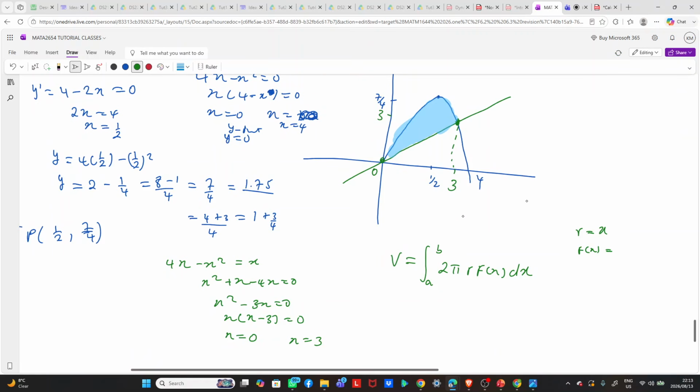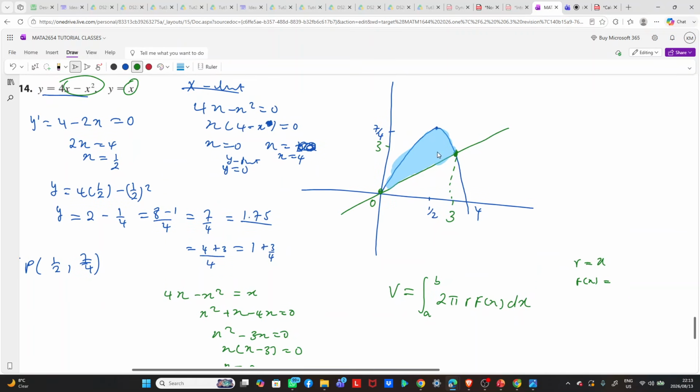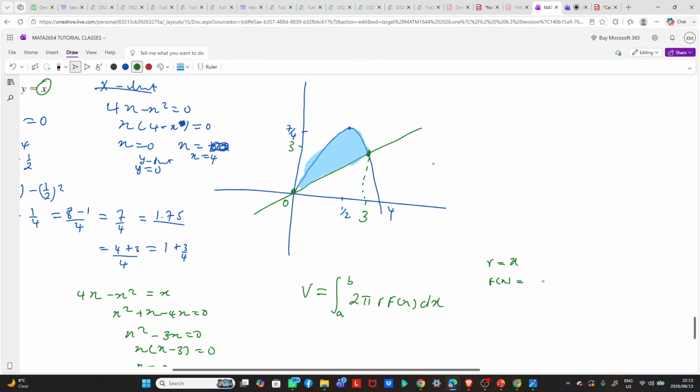In this case, you can't take this one or take that one. You need to take the difference between the one that is at the top minus the one that is at the bottom. So you have 4x minus x squared, this is the top function, then minus the bottom function, y equals x, so minus x. So basically, your f of x is going to be 3x minus x squared.